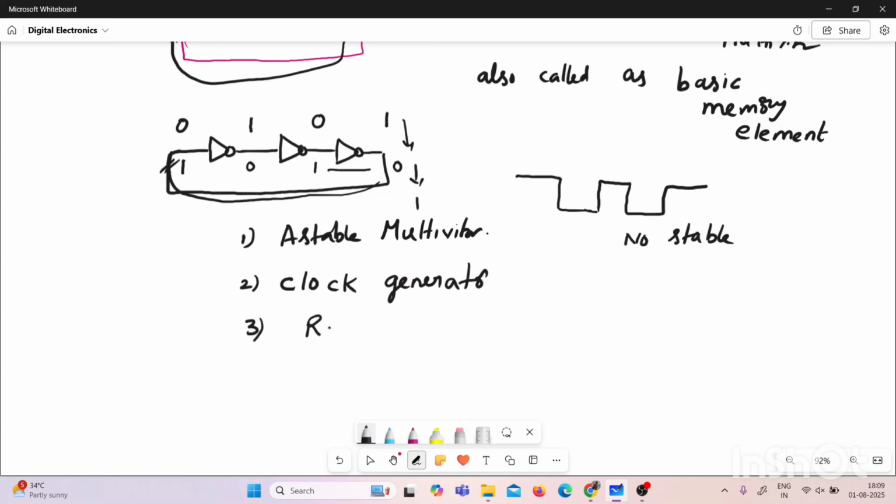And one more name for the same circuit is a ring oscillator. And there is one more name, it is a free running circuit. Without applying any input, the output continuously changes. It is called a free running circuit because the output is freely changing.